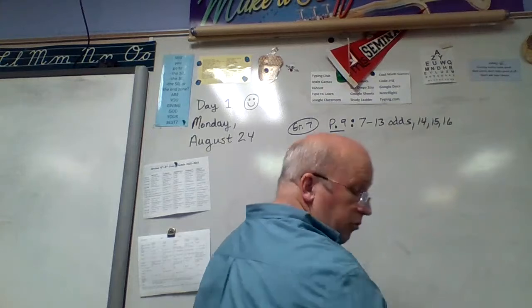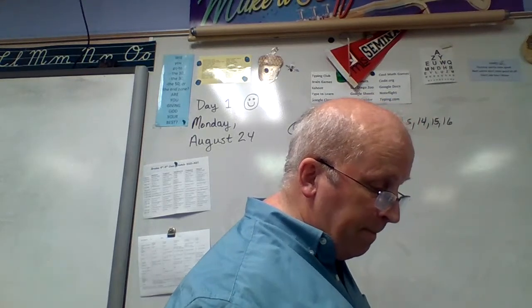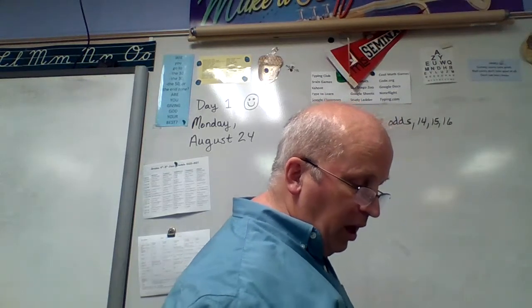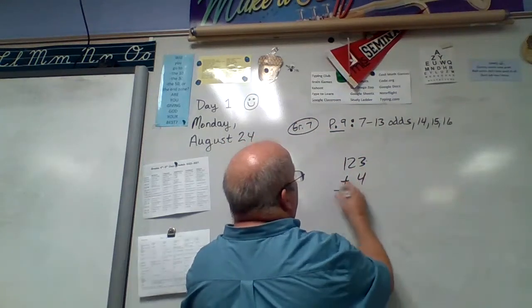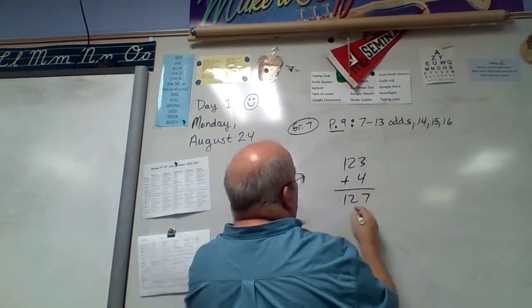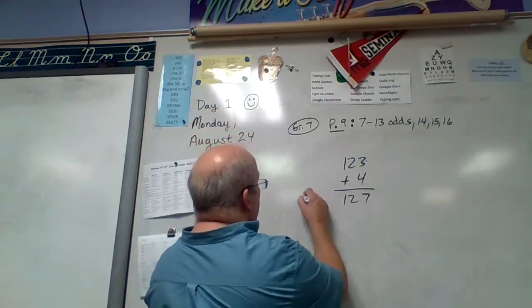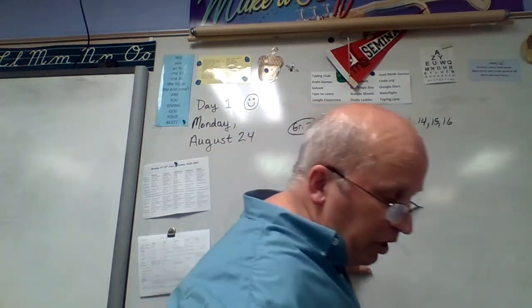So let's do some prepping by writing information down. We've got 123 students and 4 teachers for the Tigers, right? That means the Tigers are 127 people. What about the other team?